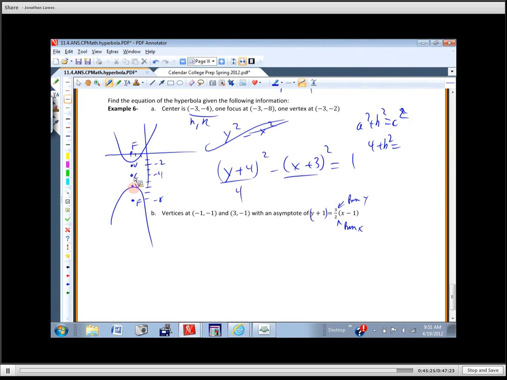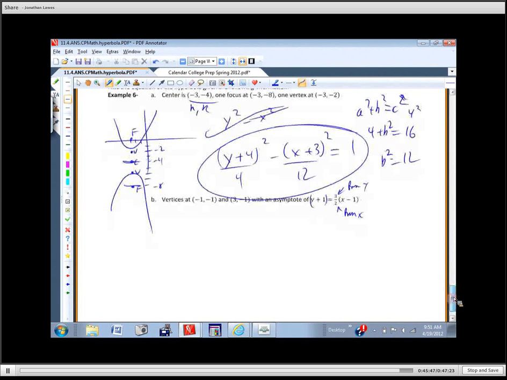How far did I go from the center to get to the vertex? If I started at -4 and went down to -8, that would be 4. So this is going to be 4 squared, so this is going to be 16. So that means b squared is going to be, again, the cool part is, do the subtraction, you get a 12, slap that number underneath there, you're done. That's it. Okay?